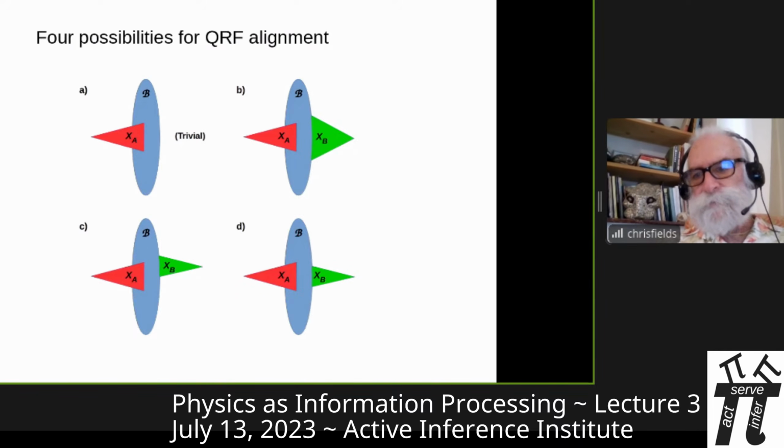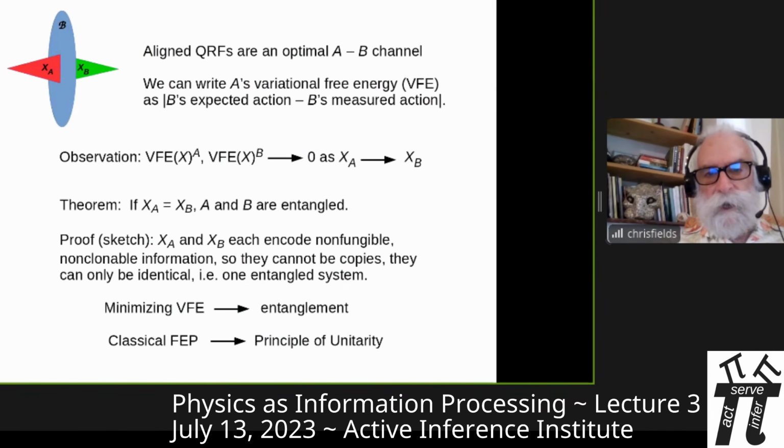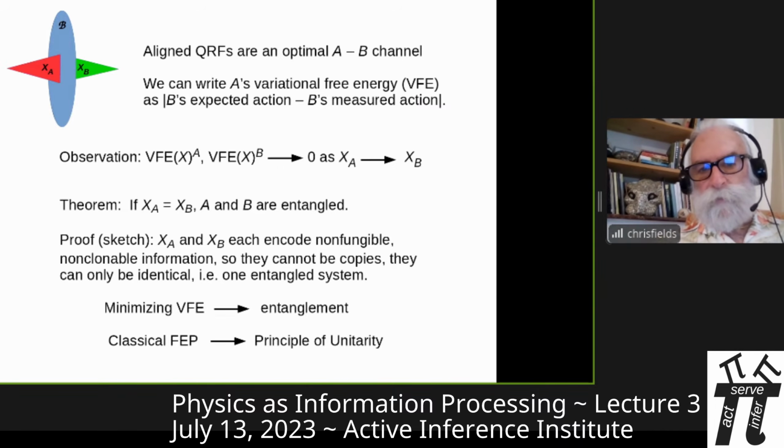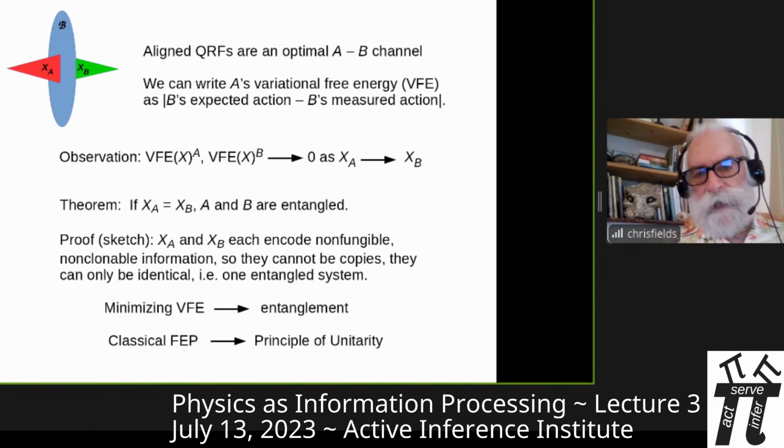But let's now look at this interesting situation D, where the QRFs are aligned between A and B. As I said, that's the optimal channel for A and B. And if we think about this, we can write the variational free energy or the uncertainty or the prediction error for A for the QRF X as the action that it sees, i.e. B's action, the difference between that and what it expects B to do, so what it can predict about B's action.